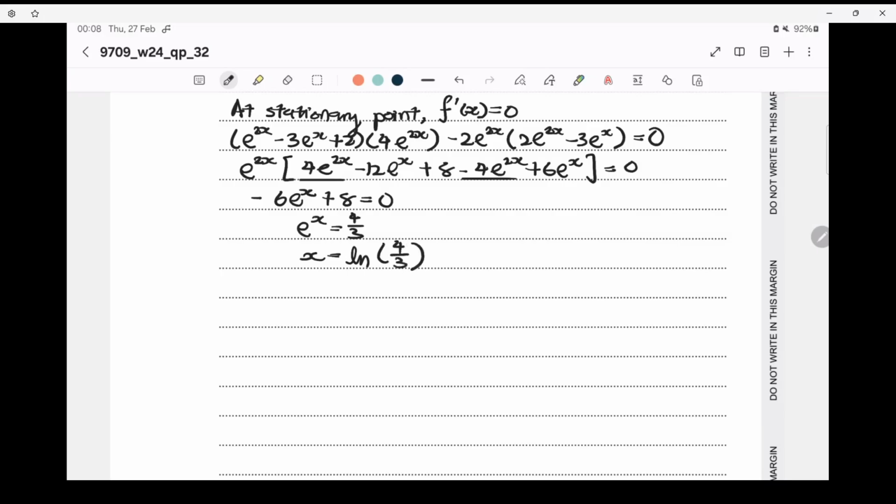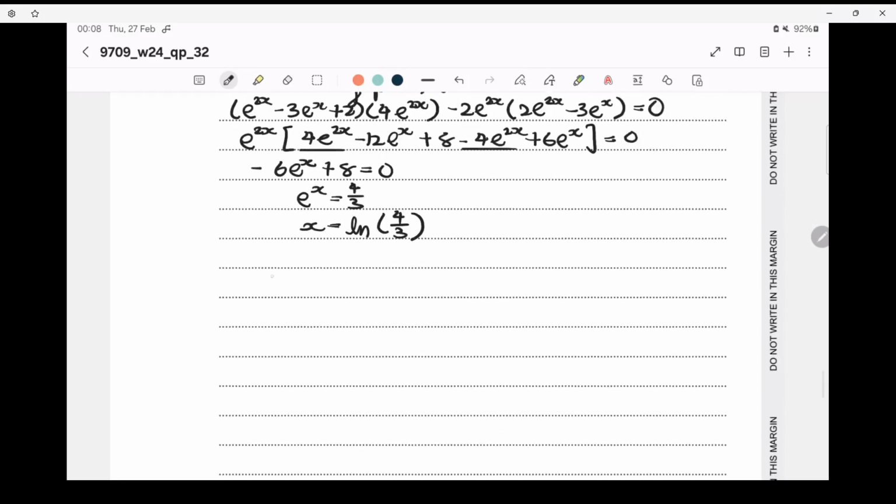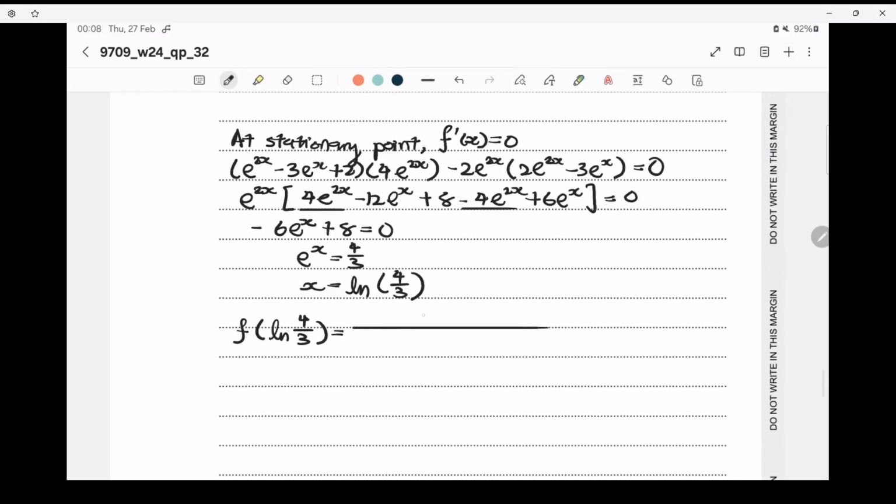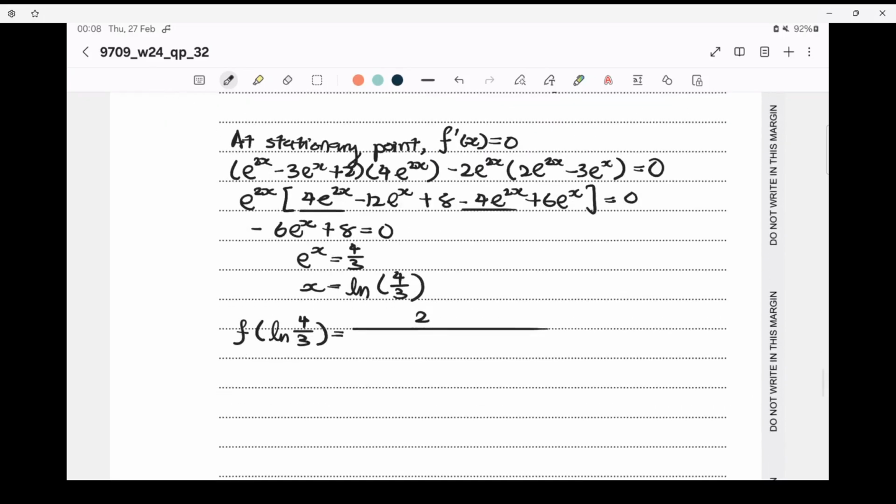You want to find the stationary point, so you also need to substitute what happens when x equals ln 4 over 3. Okay. So just refer back to the equation above. So you have 2e^2x, so you have 4 over 3 squared.